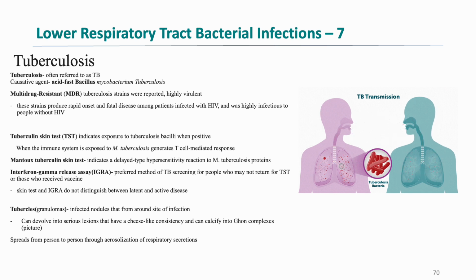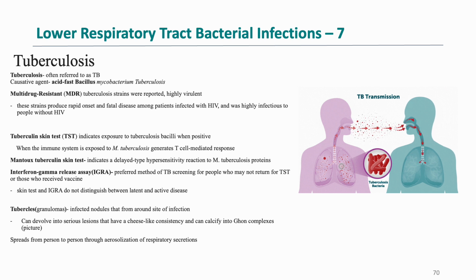So when the immune system is exposed to Mycobacterium tuberculosis, it generates a T cell mediated response, which is why we do the skin test. But the Mantoux tuberculin skin test indicates a delayed type hypersensitivity reaction to tuberculosis proteins.